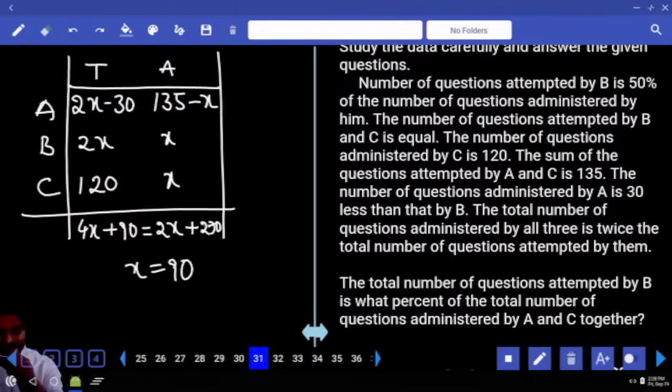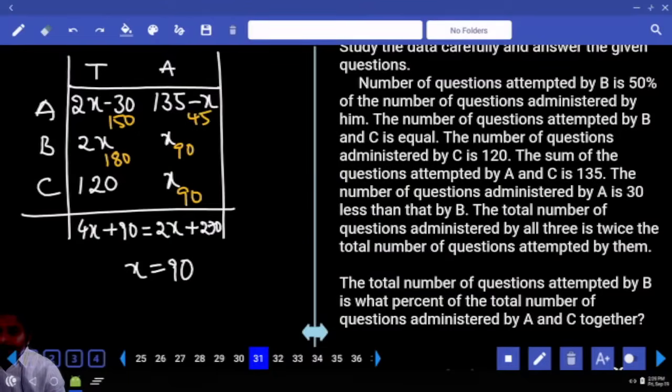Okay? Right. Now if you rewrite it, 2x minus 30, 150, 180, 90, 90, 45.